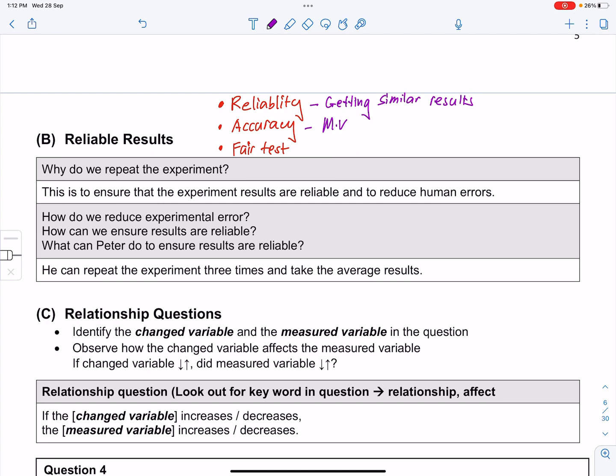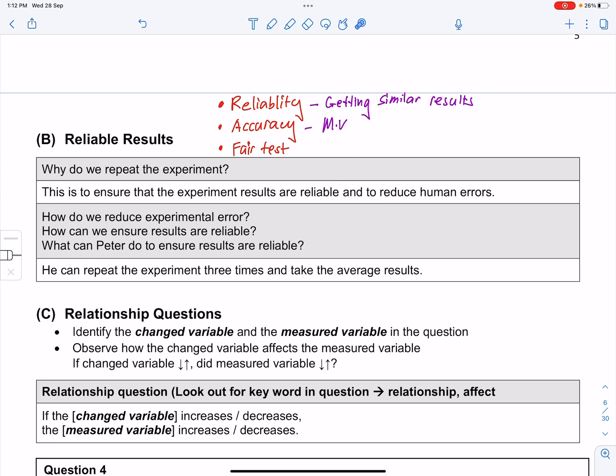But a more accurate instrument, such as the digital stopwatch, will be able to measure up to 2 decimal places, 10.15. So the digital stopwatch is more accurate. And that's what we talk about when we talk about accuracy. How can you capture the measured variable correctly?